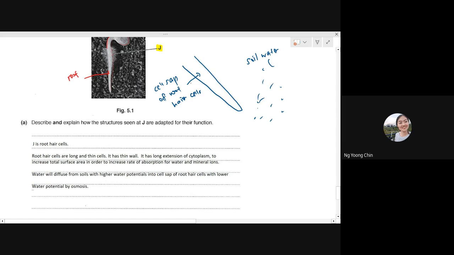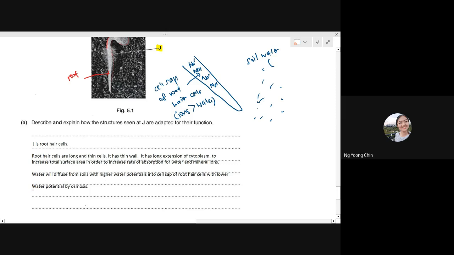This is because the cell sap of the root hair cell contains a lot of ions inside. For example, a sodium ion. There's a high concentration of sodium ions inside the cell sap of the root hair cell. Since it has a very high concentration of ions, that means the water has a very low concentration, meaning the amount of ions is more than water.